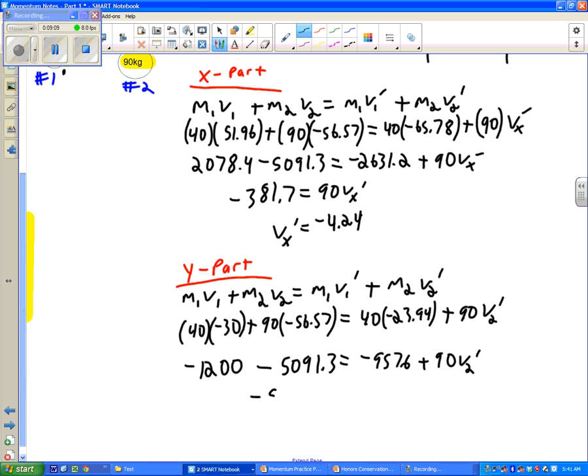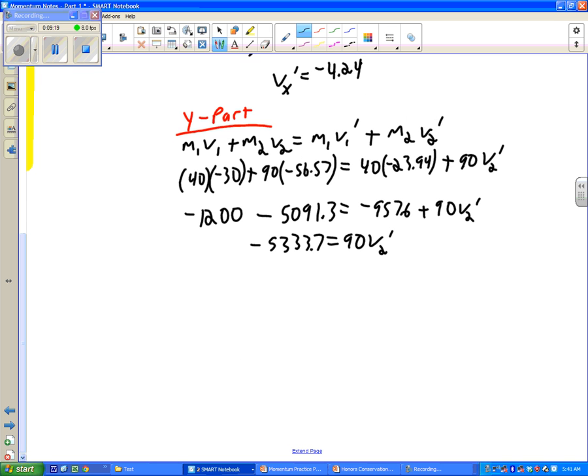I get negative 5333.7 equals 90v2 prime. And I'm going to call this my Vy, because this is my y direction. After, I get a negative 52.26.